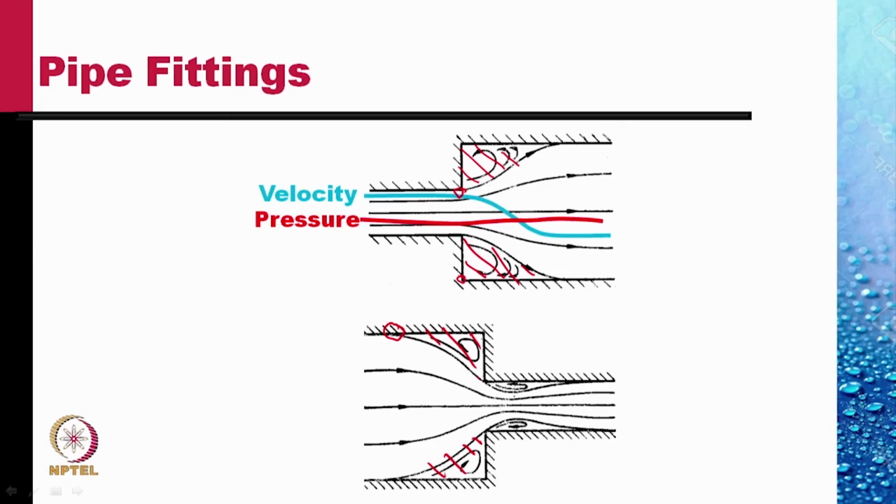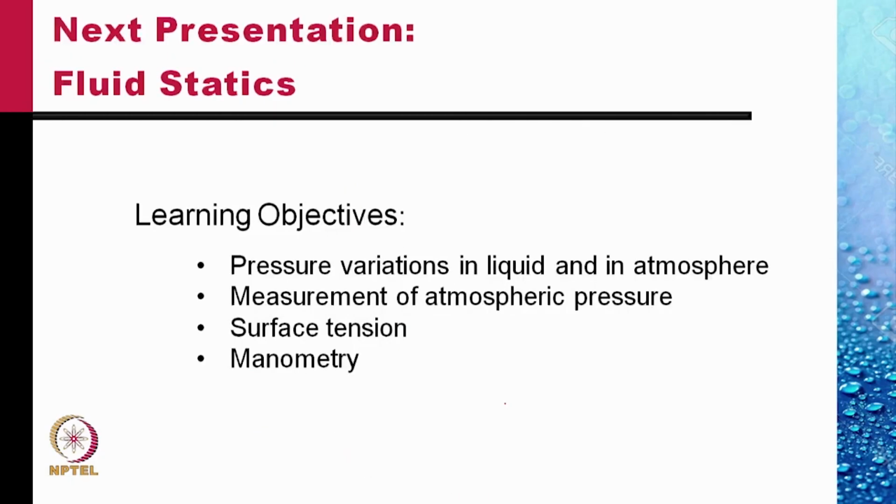All this results in head losses. This is the minimum cross section of the flow. It's called vena contracta in fluid mechanics. Pressure decreases because the velocity increases. Thank you very much.